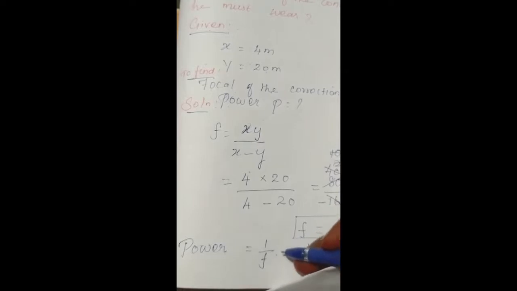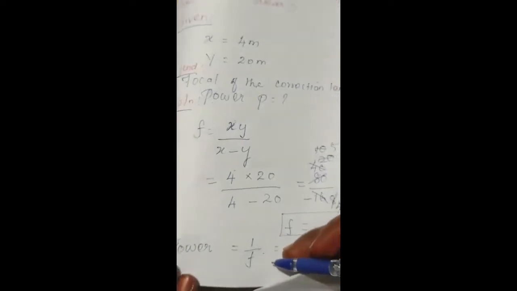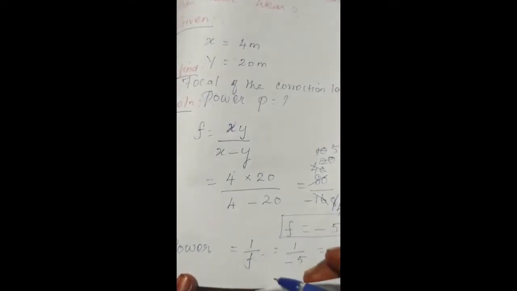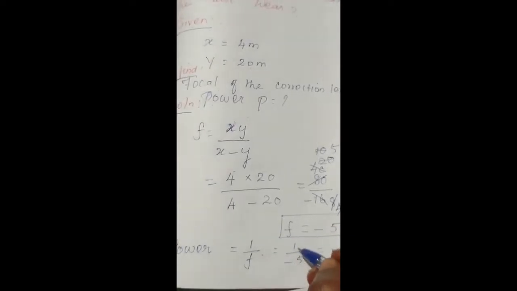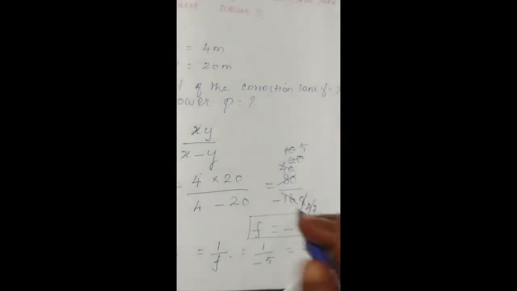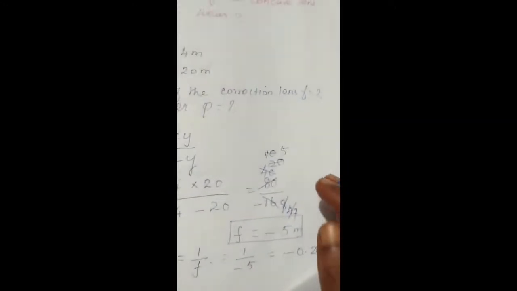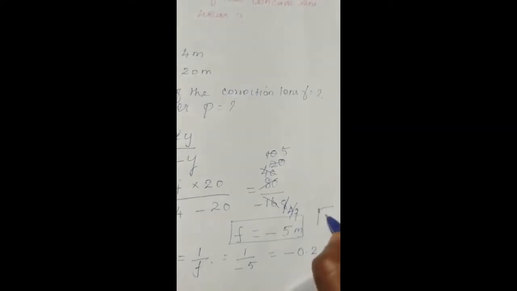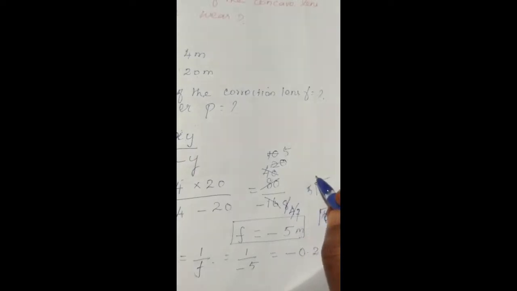The f value we just found is minus 5. Just substitute here: 1 divided by minus 5. How to calculate 1 divided by 5?